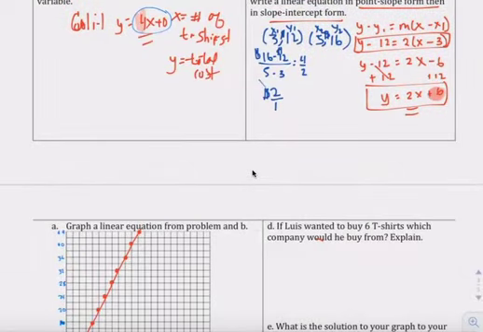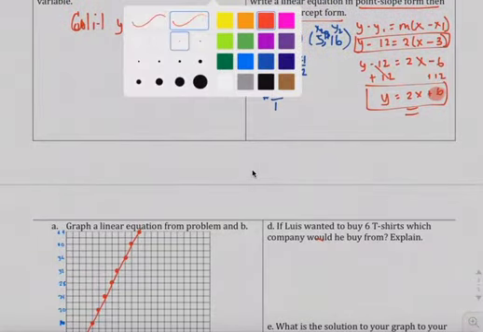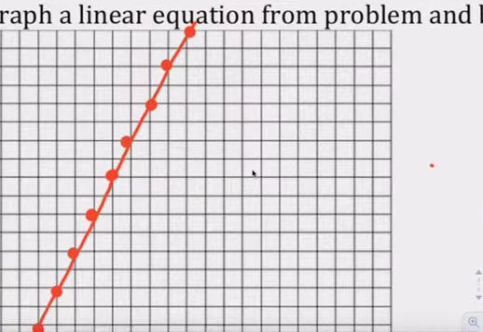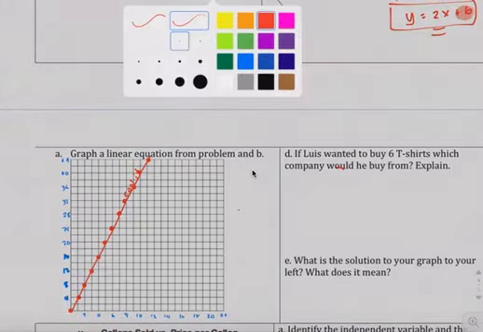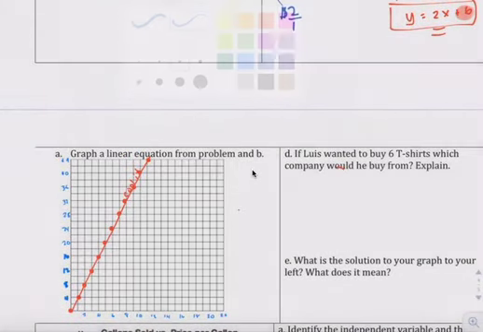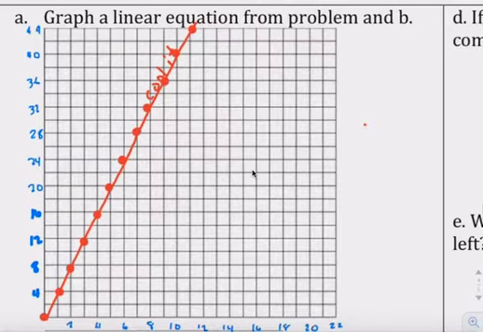Okay, this is Kulit. I need to label the other. I'm going to do the other one in blue. That is y-intercept at 6, right here, and up 2 over 1. Oh, we see the intersection.